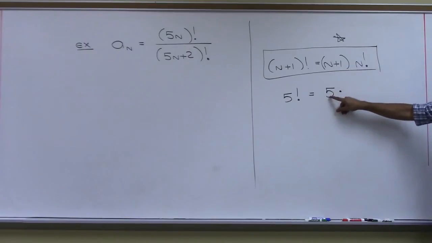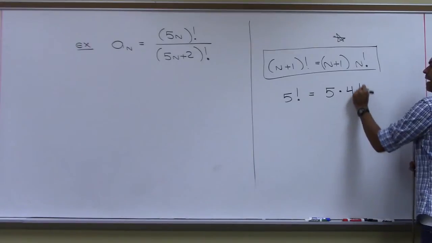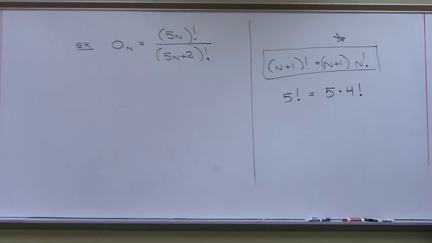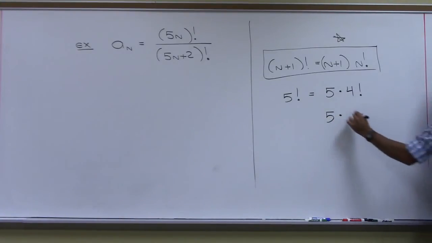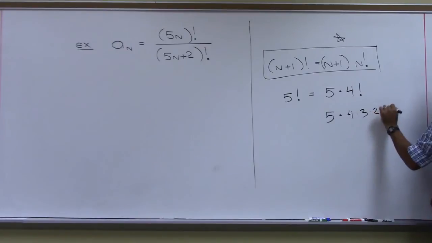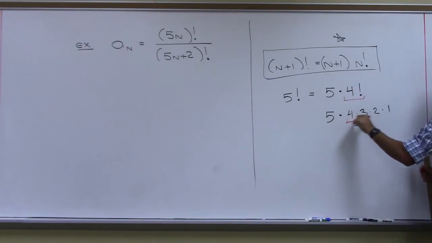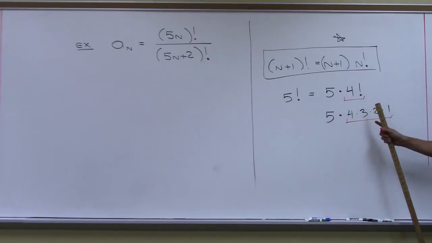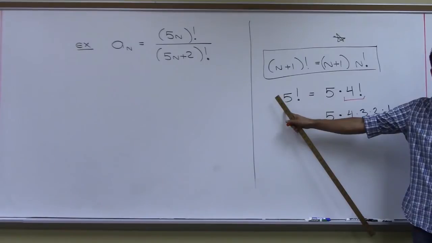If n plus 1 is 5, then what's n? 4. 4 what? Factorial. Do you all agree with this? What is 4 factorial? 4 times 3 times 2 times 1. So this piece right here, 4 factorial, is that. But if you put them all together, 5 times 4 times 3 times 2 times 1, it's 5 factorial.